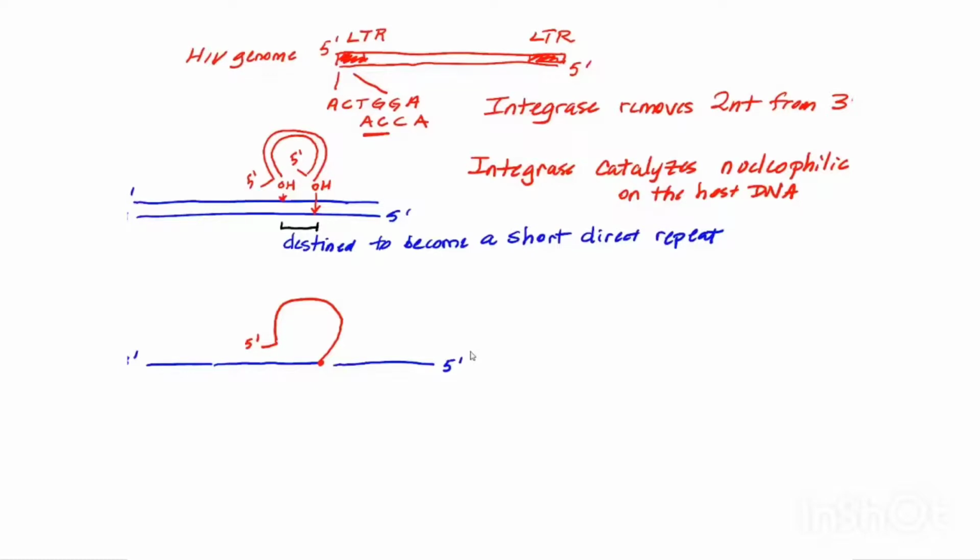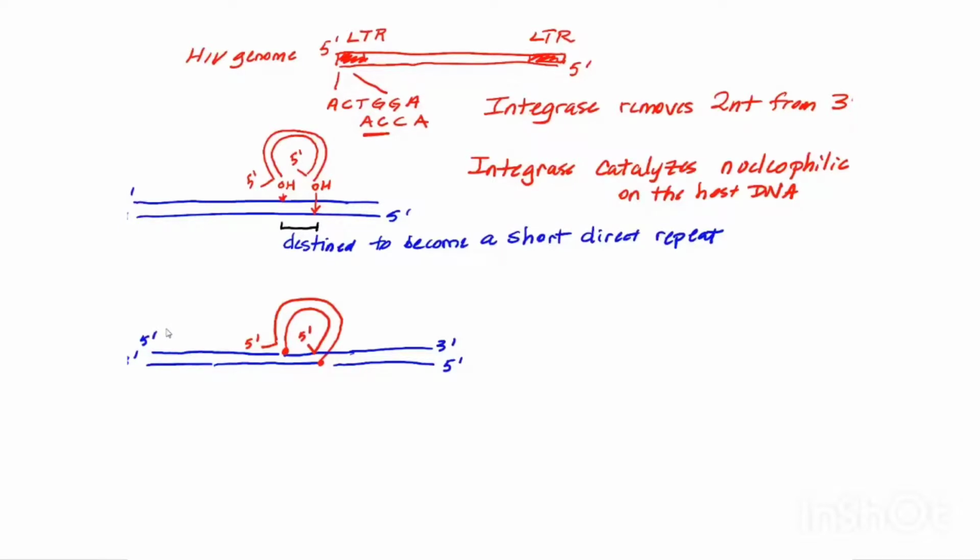Now, starting from the 3' end of the upper strand, we'll show you the result of the nucleophilic attack on the upper strand. And the lower strand, the upper strand, I'm sorry, let's draw it in blue. Comes all the way up to there. There we go.